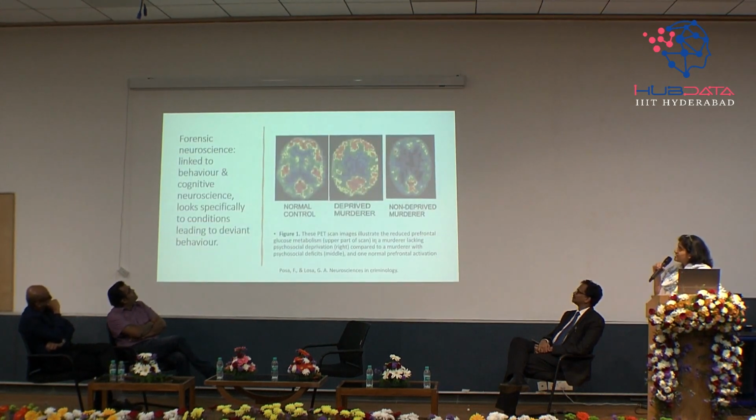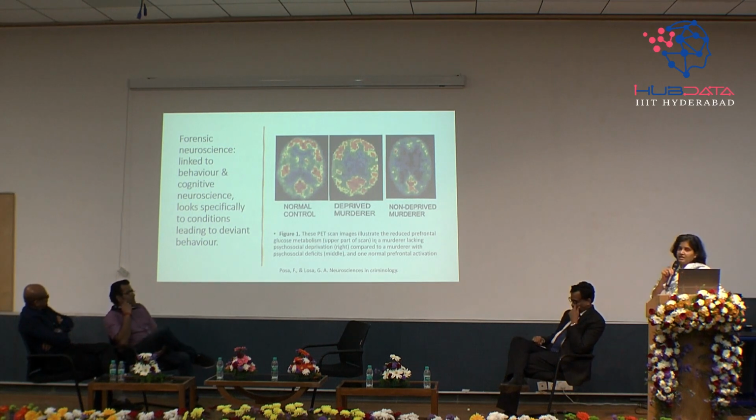Forensic neuroscience is new. It's basically trying to link some of the deviant behaviors that we see to underlying neurological conditions. For example, these are PET scans from a paper, and you can see the difference between somebody who's a depraved murderer, a non-depraved murderer, and a normal control.